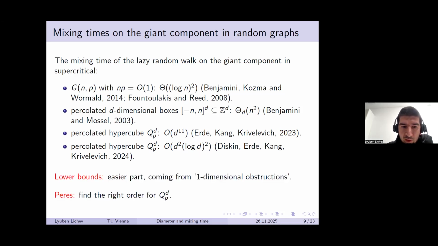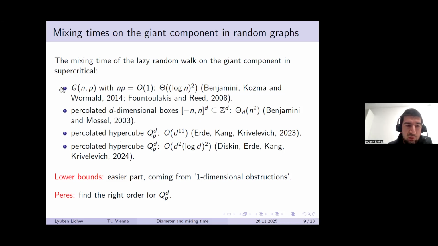So what's the hard part here? So I showed you, the first two results are exact up to constant, and the second two results are upper bounds. And I'd like to argue that actually the lower bounds are the easier part here, and they all come from sort of one-dimensional abstractions.